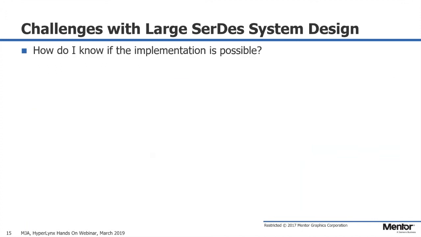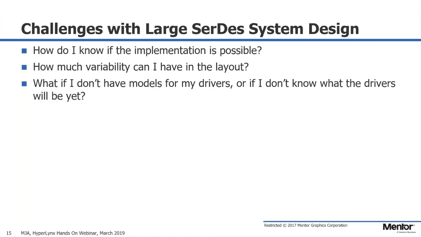So here's some basic questions that you have to go through when you're doing these things. Is the implementation even possible in your system? How much variability can you have on the layout? Often vendors will give you a golden layout structure, but that may not fit your system, so you want to know how much you can vary that. If you don't have the models for the drivers, what can you do?